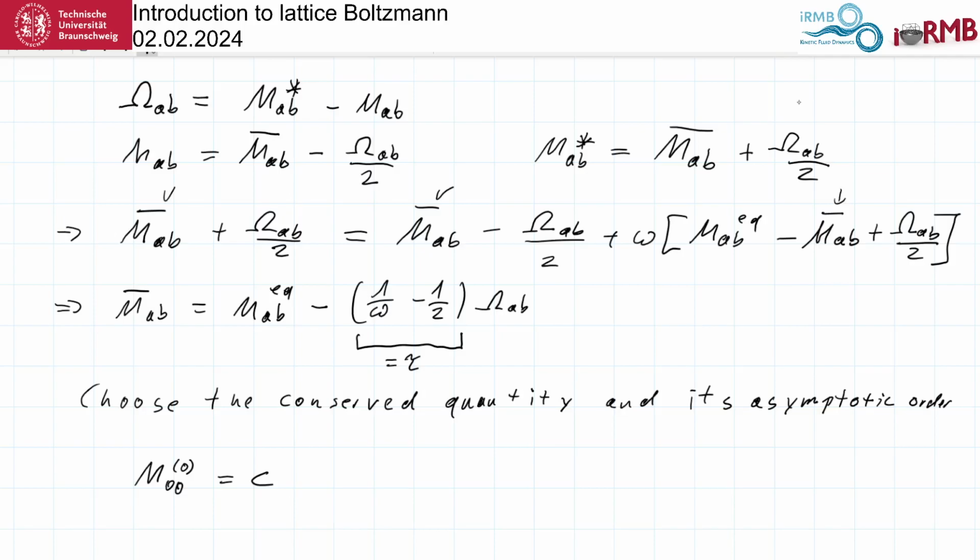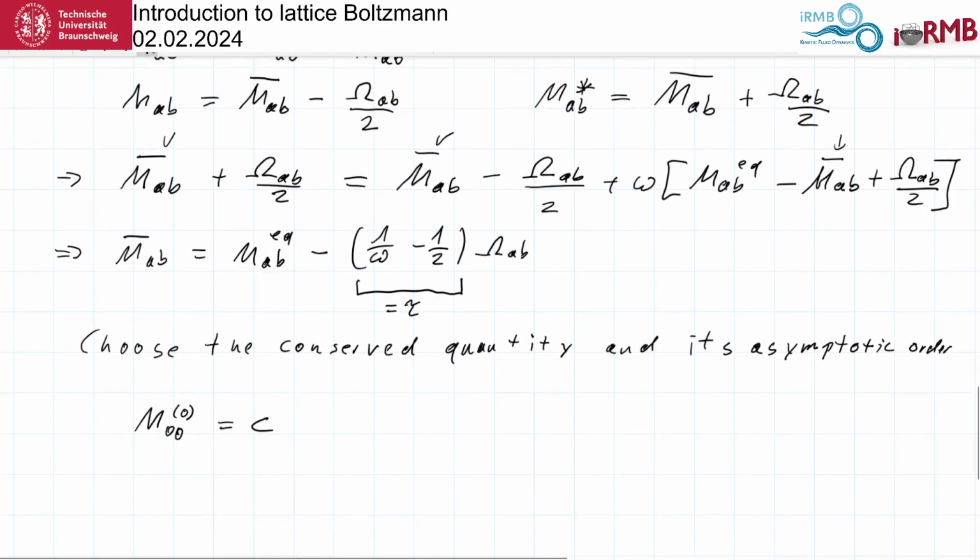Okay, now this is the choice, and now we have to build a model using our knowledge of the asymptotic behavior of the lattice Boltzmann equation. For this, we first recognize that we can write equation 13.1 in a recursive way.